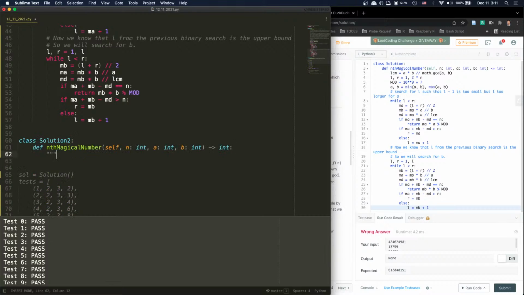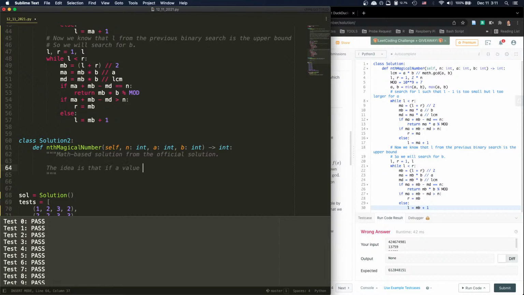All right, so this is the math-based solution from the official solution. But the idea is that any value, right?